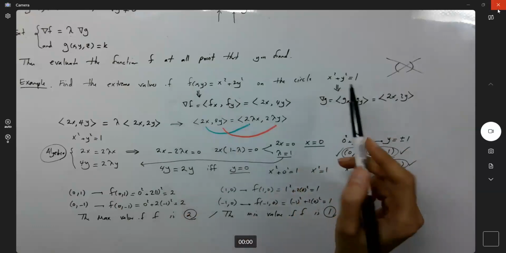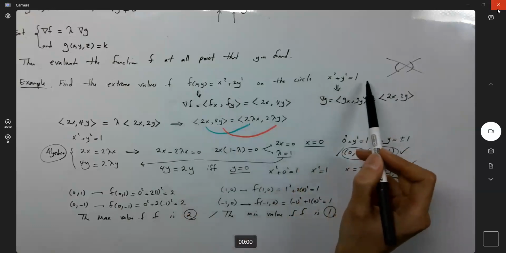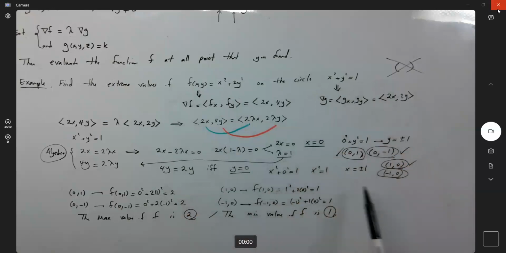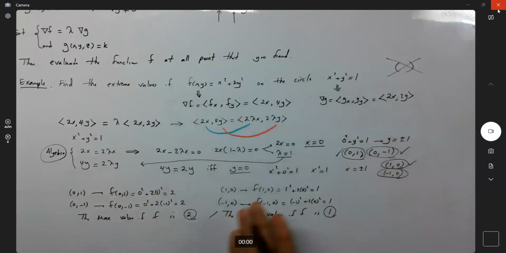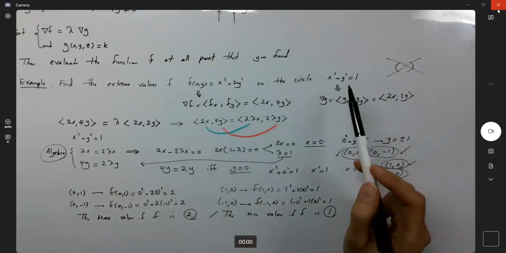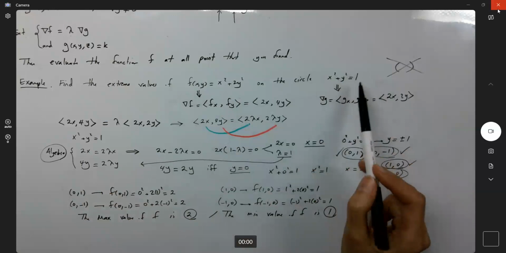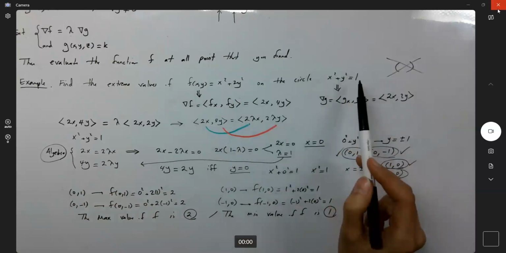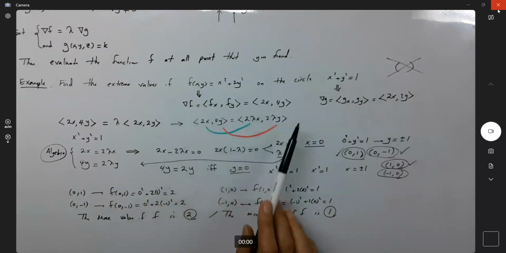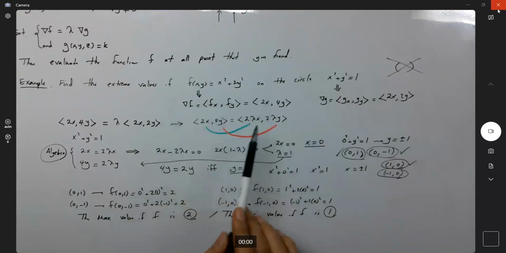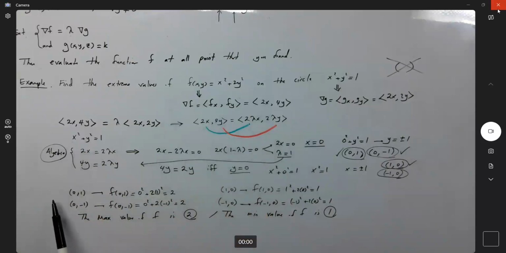If I change it to x squared plus y squared equals 2, then your calculations are going to be different. Your points are going to be different. The z values are going to be different. So make sure to be able to identify your constraint so you can do the computations correctly. And as you saw, we only had a little bit of calculus here. The rest is pure algebra.